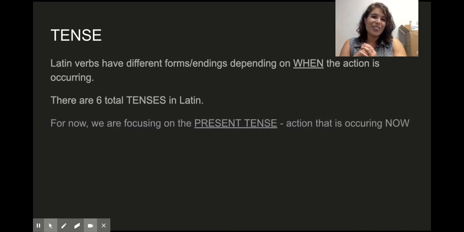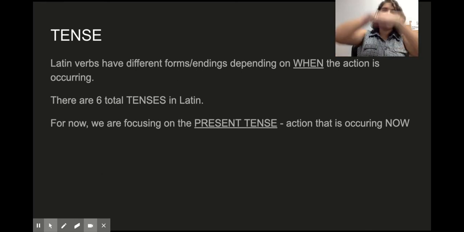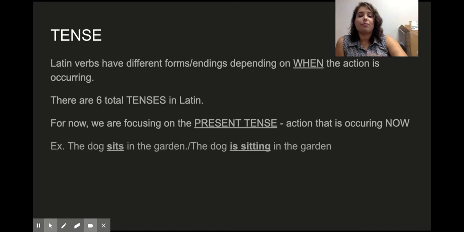But right now, we're focusing on the present tense. Present tense is action that is occurring right now in the present. So not present as in like, oh, I'm giving you a present. The present tense is in the present right now. So an example of this is the dog sits in the garden or the dog is sitting in the garden.